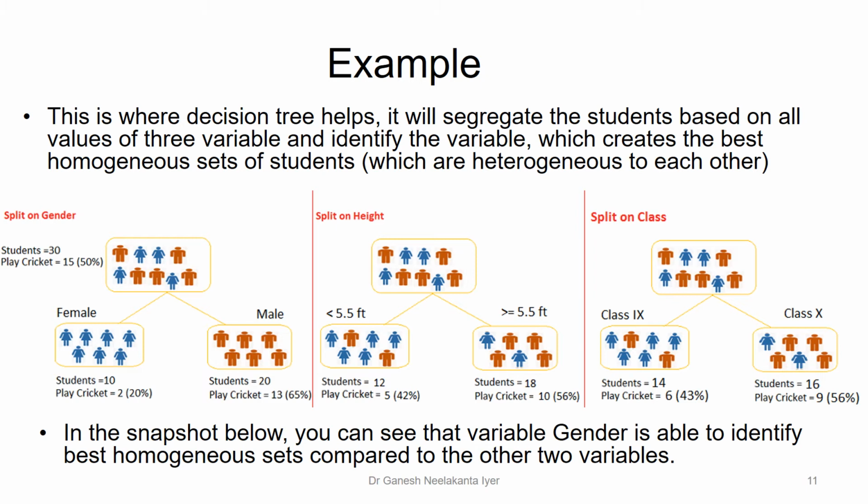Now by splitting on class, 11th class students are 14, among them 6 play cricket, and among the 10th class students 9 out of 16 play cricket. We can see that the best homogeneous set is made with gender. Gender can split them better because it's highly unlikely that a female plays cricket, whereas it is highly likely that a male plays cricket. The other two parameters look quite tough for us to make a decision.